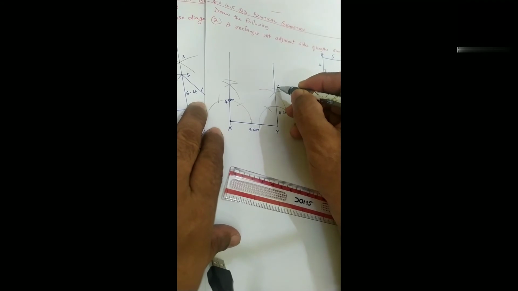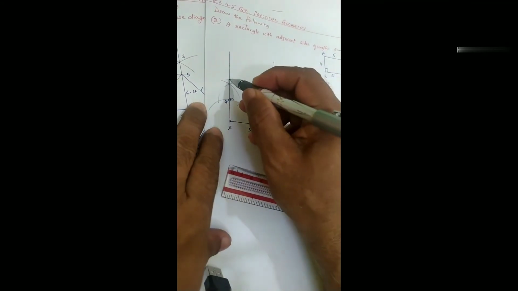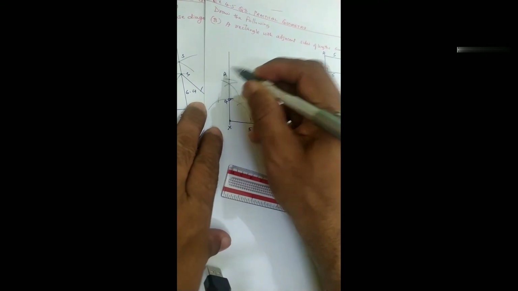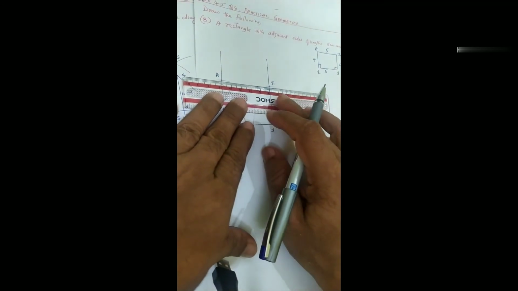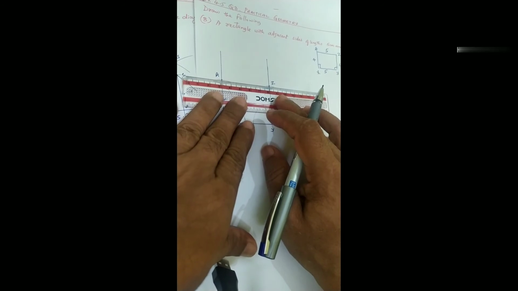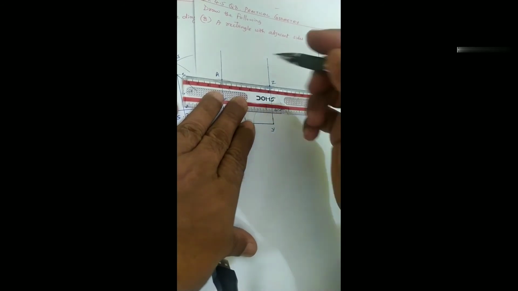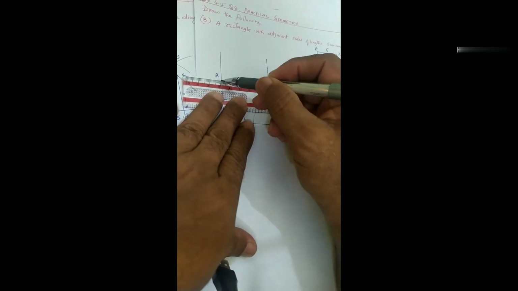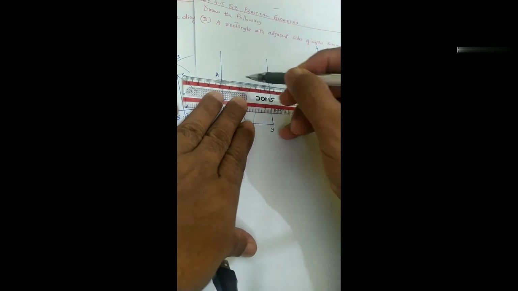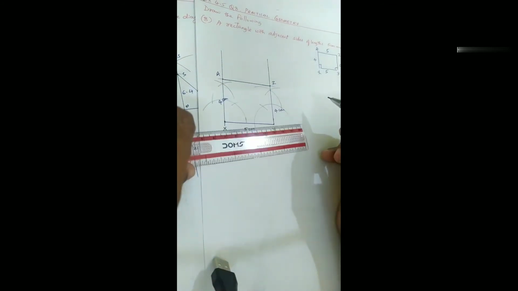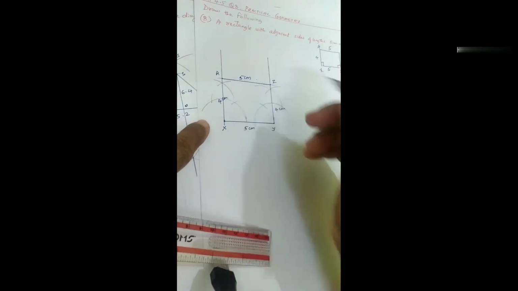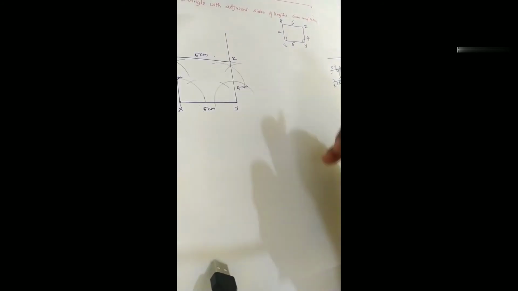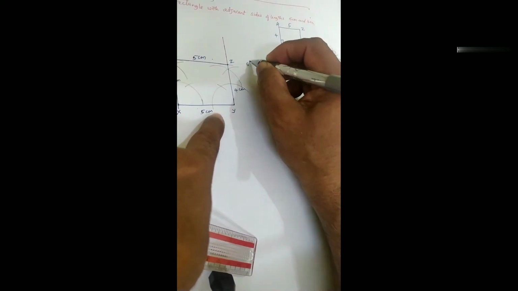XY, this is Z point and this is A. So we will join this. This is 5 centimeters. So this is a required construction. You can write down the steps of constructions.